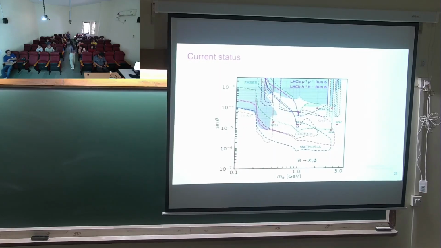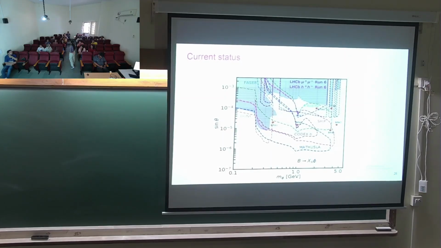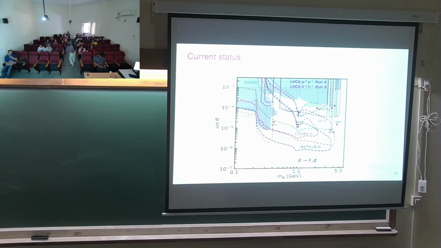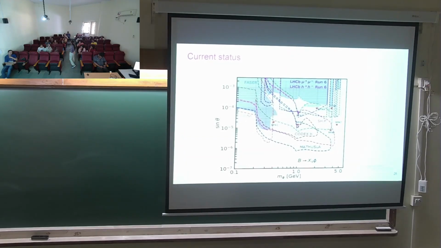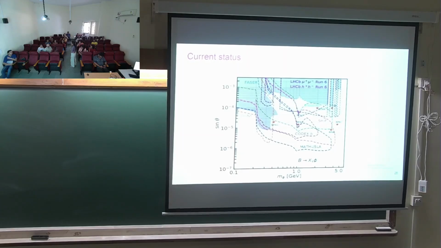Sorry, can you repeat? Yes. This is their projection, yes. MATHUSLA. I think one thing will be the luminosity of 3 ab^-1, and for this projection it is 300 fb^-1. Or no, there should be other factors also.